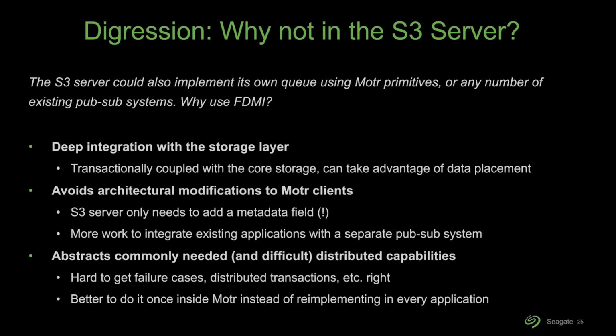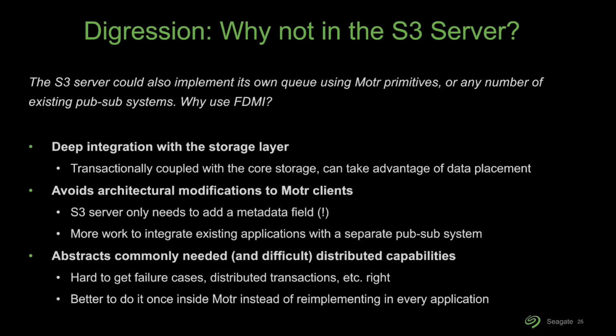Another key advantage is that we didn't really have to make architectural modifications when we're using FDMI. So with the S3 server, it's not like we had to dig around in the event loop and add in a queue or something else. We just had to add one metadata field, and Motor would pick that up and do the rest via FDMI.